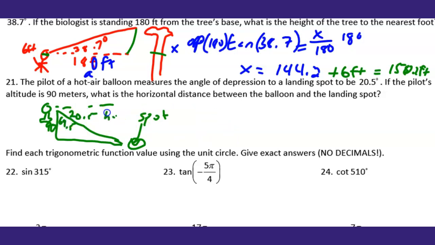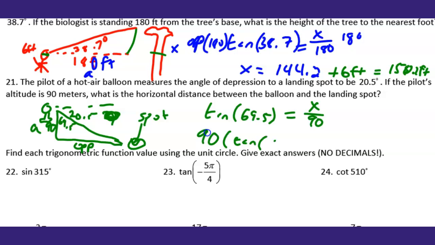We have this side, which is opposite, and this is adjacent, which means that's tangent. So tangent of 69.5 equals opposite over 90. Multiply by 90 on both sides, and that is going to give us 240.7 feet.